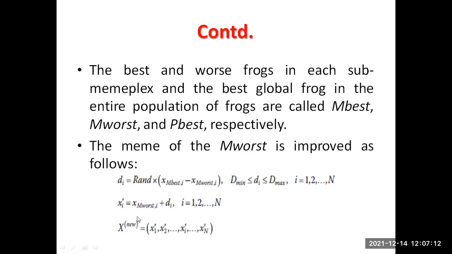Then x new, that is the new one, is the new variable which is formed. x new will be equal to x1 dash, x2 dash, and so on. So all the worst frogs within the entire colony will be updated with the help of this formula.